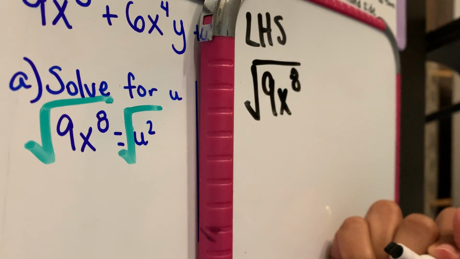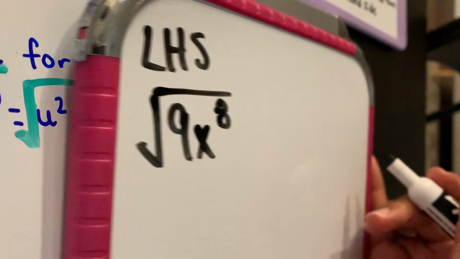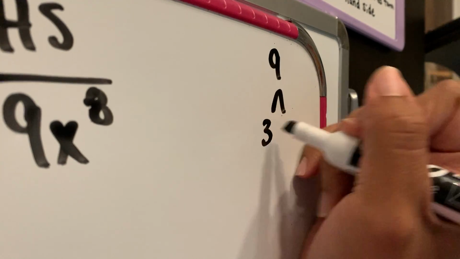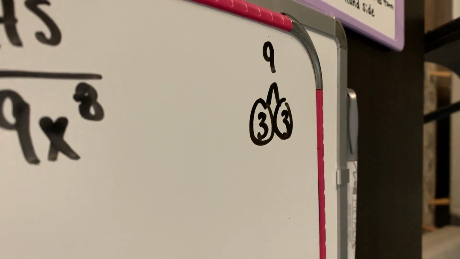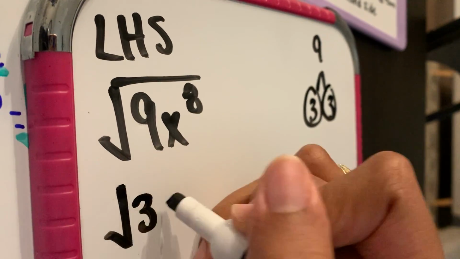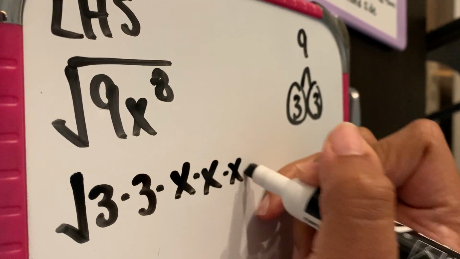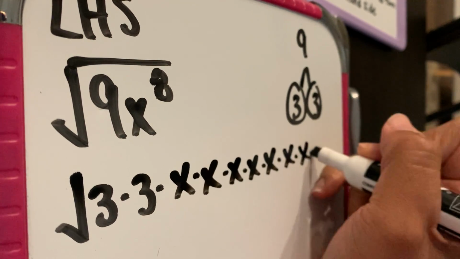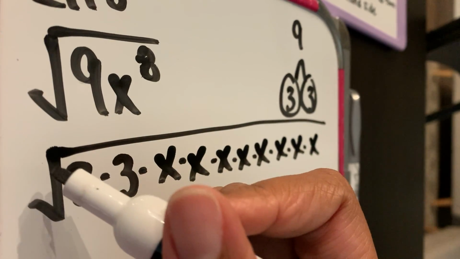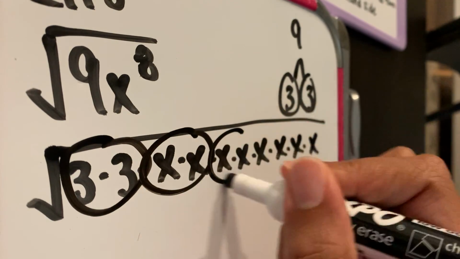If you remember from the last video, first we found the prime factorization for the number, which is 9. In our case, we can do 3 times 3. When I expand this out, I'll have 3 times 3. For x to the 8th, that means 8 x's multiplied together. Now, that imaginary index is 2, so I need groups of 2.